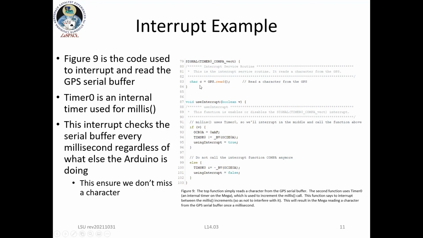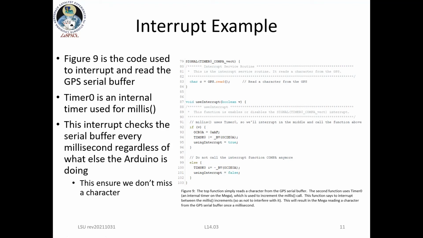And all that we're doing in the interrupt service routine is calling GPS.read. We're sticking it in this character c, but you can see that we're not returning this character. One, because there's not really a way to return things from interrupt service routines, because I don't call this function anywhere. It just happens on its own.